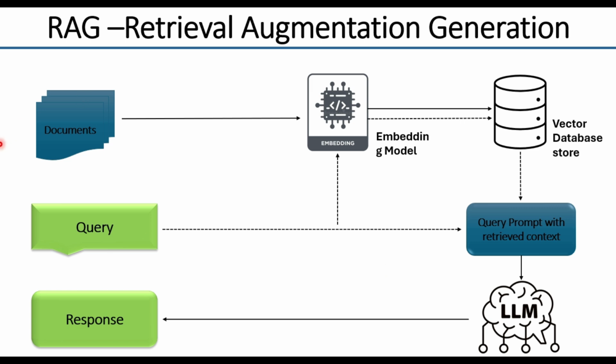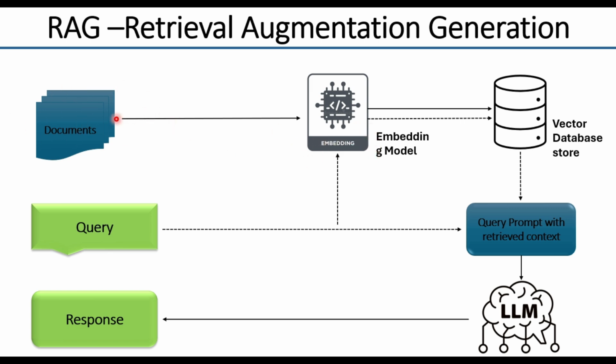The documents are loaded, split into chunks, and then these chunks are passed through an embedding model. This is a special model, and the selection of the embedding model is domain specific. We need to choose domain-specific embedding models to perform the embeddings on these documents.